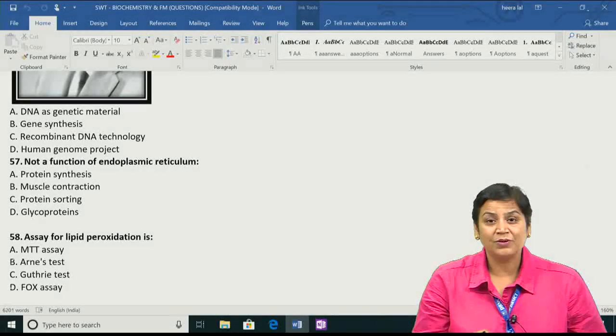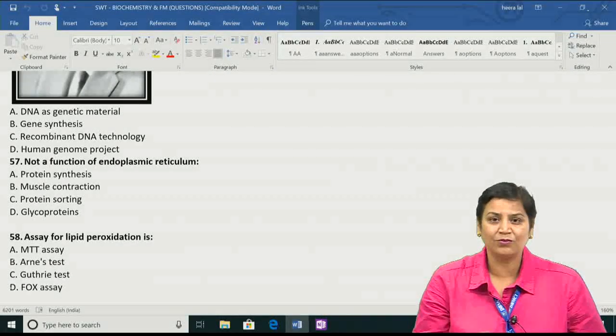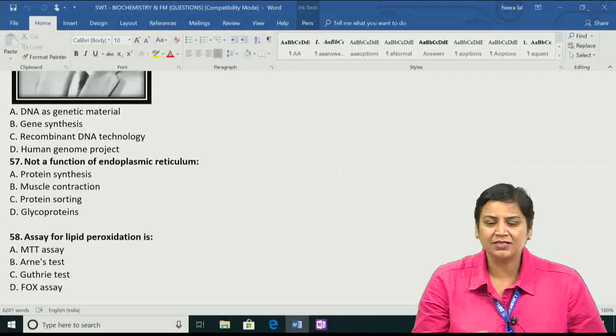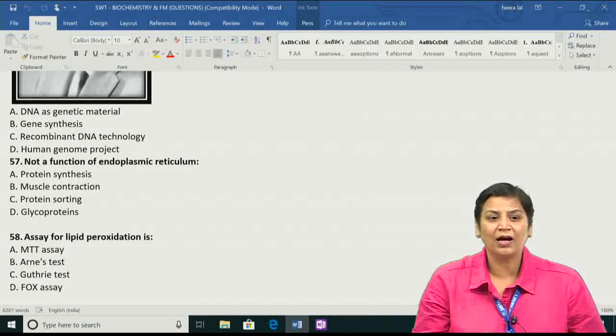Now endoplasmic reticulum has so many functions to perform. In fact, endoplasmic reticulum, Golgi apparatus and ribosomes are the protein synthesizing machineries of the cell. Now here, not a function: protein synthesis is a function, muscle contraction, protein sorting and glycoproteins. Muscle contraction is not a function of endoplasmic reticulum. Except this, all are very important. Endoplasmic reticulum plays a very important role in the rest of the three. So the answer here is B.